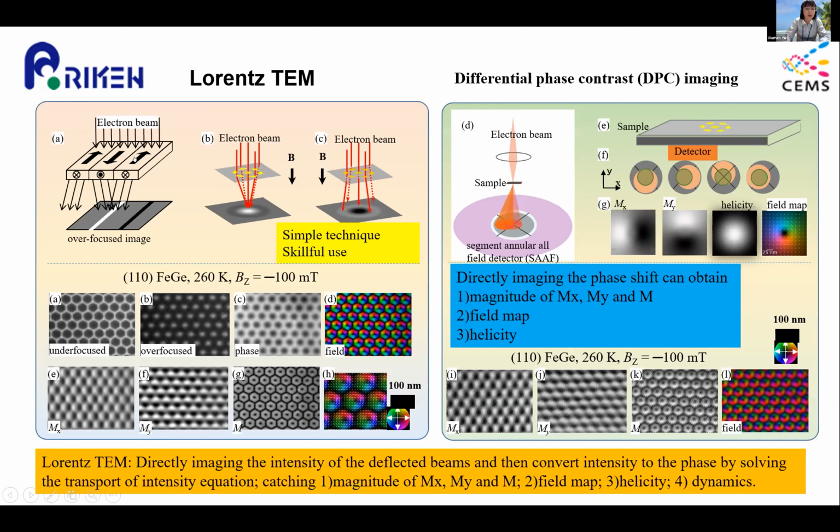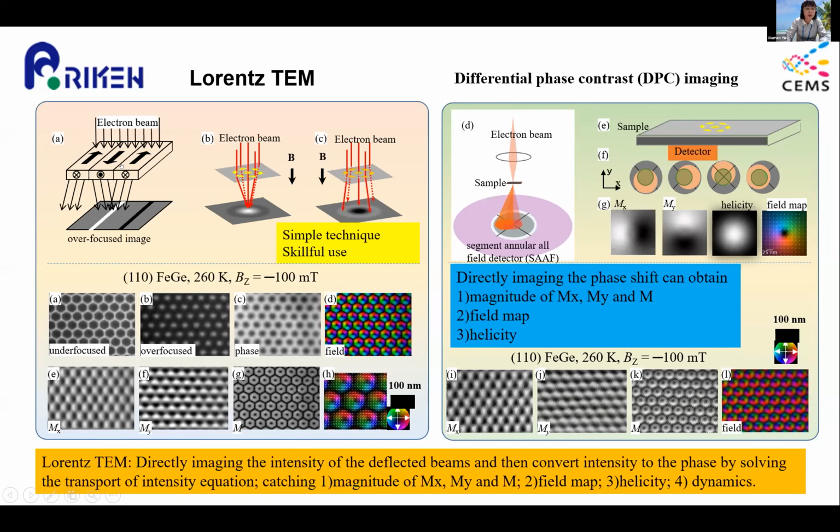This figure is a schematic of the Lorentz TEM method. As you know, the in-plane magnetization in a material induces a Lorentz force. This Lorentz force is perpendicular to the electron beam and also to the in-plane magnetization.